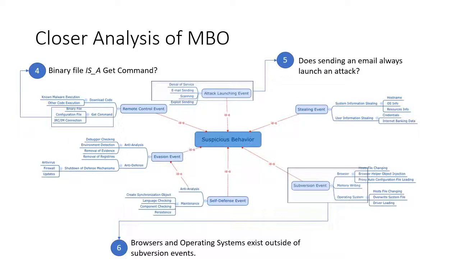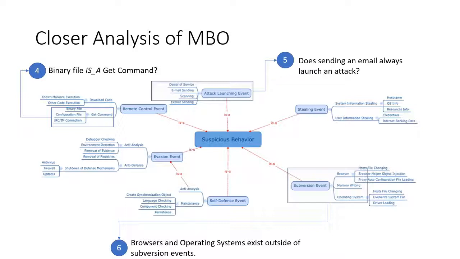And so diving deeper down into the suspicious behavior component of MBO, there's several classifications here that simply don't hold up. You have relations like binary file is a get command, email sending is an attack launching event.